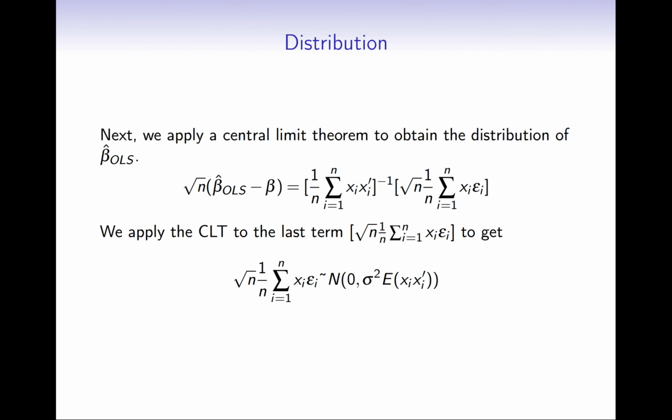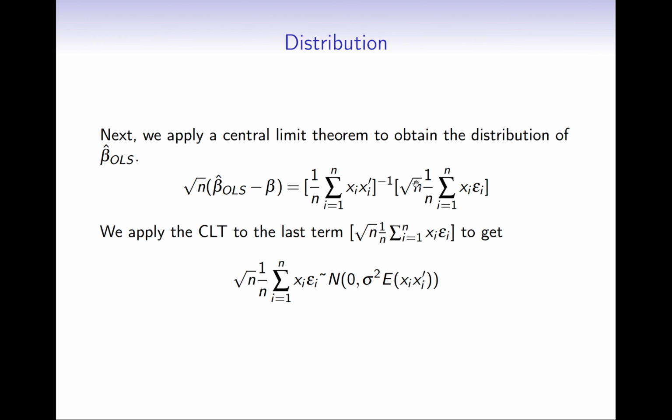All right, so we did unbiasedness and we did consistency. Now let's obtain the distribution of beta hat OLS. So if we multiply by root n here, we're going to show that this is normally distributed. The way we're going to show this is we apply the weak law of large numbers, so this goes in probability to the expectation, that M inverse.